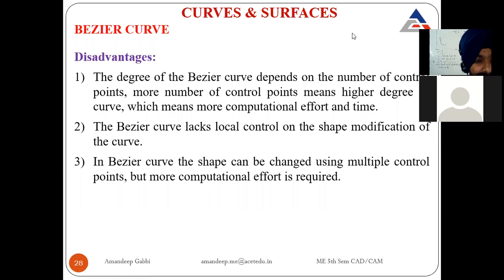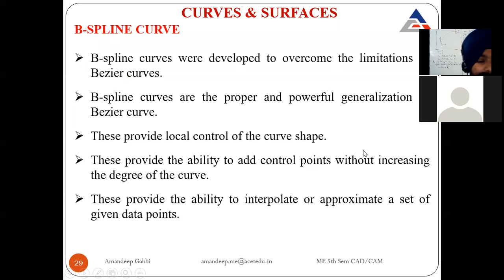So next is the B-spline curve. As we have done two curves out of three, Hermite cubic spline and Bezier curve, now we are on to the B-spline curve.